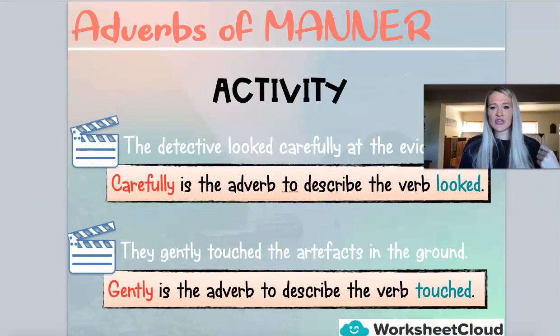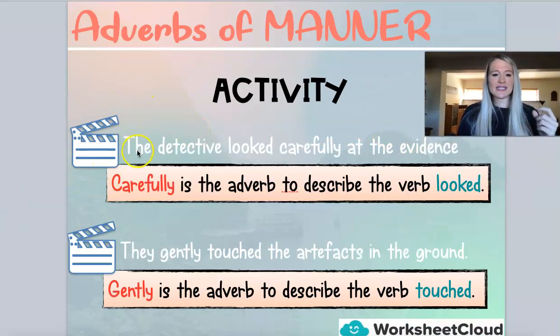So here we've got 2 sentences. The first one says, the detective looked carefully at the evidence. So remember, step 1, identify the verb. Where is the verb in the sentence? So the detective looked carefully. Looked is our verb. How did that detective look?